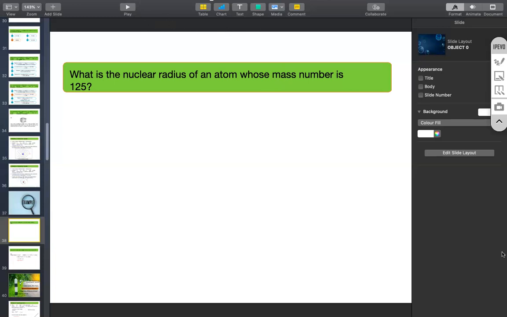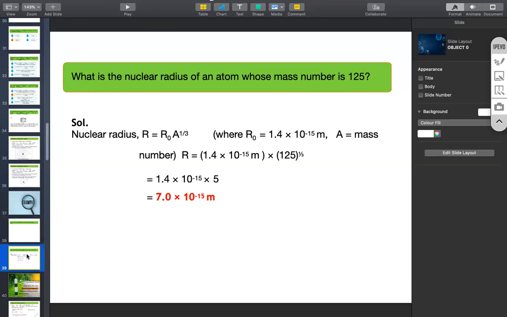As of now, I can see many of your friends have given the answer. Arthur, Pratik, Aditya, everyone has given the answer, and your answer is right. You can see R naught A to the power 1 by 3. But how did you get 5.5? 6.5 into 10 power minus 13.